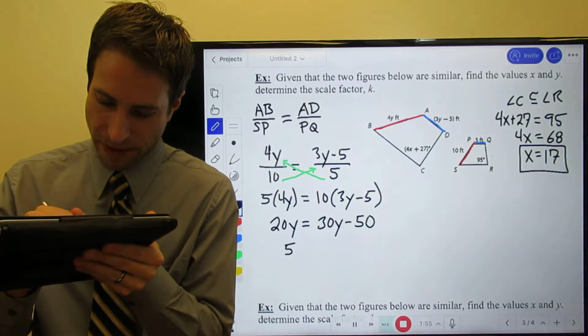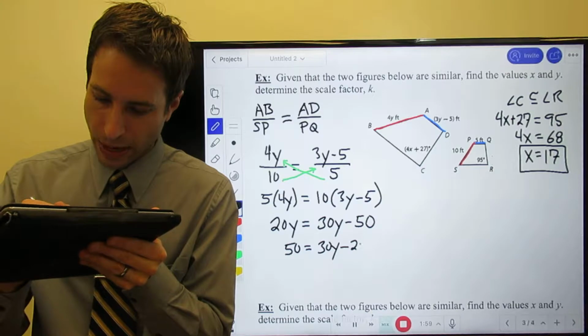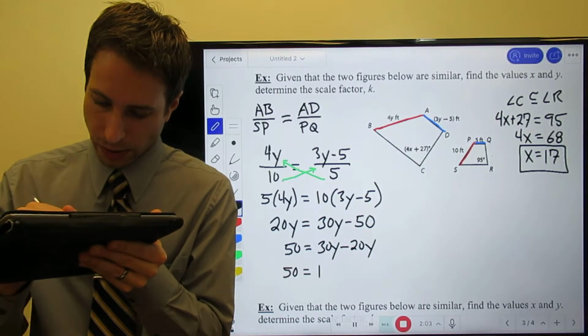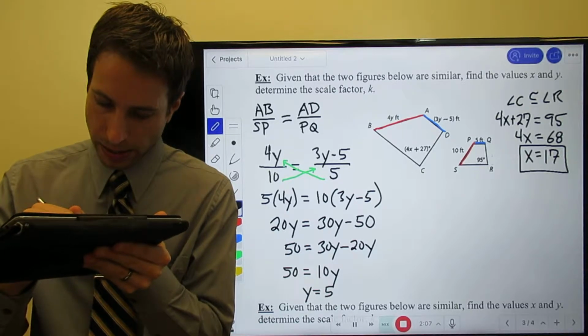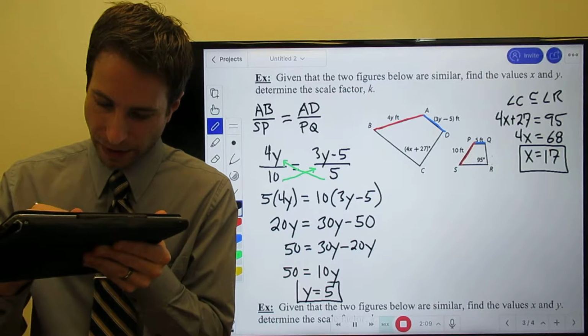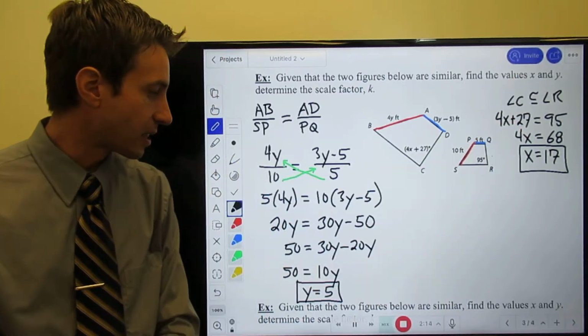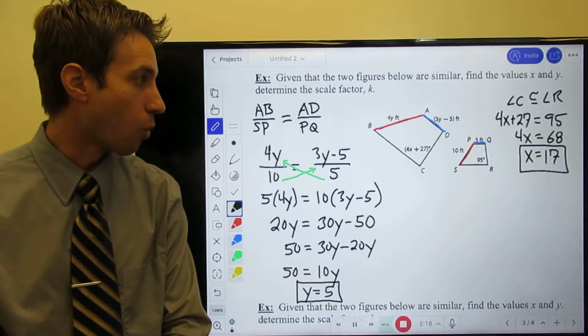That'll give me 50 is equal to 30y minus 20y, which means that 50 is equal to 10y, and y must be equal to 5. So there we go. They asked you to find the values of x and y, and we certainly did. There's x and there is y.